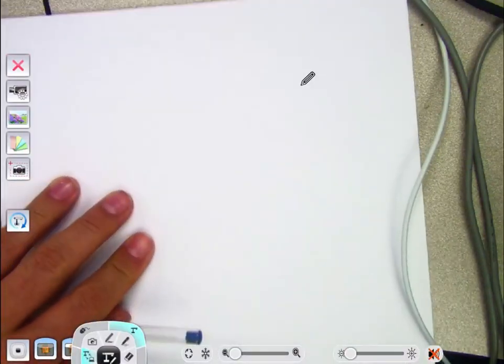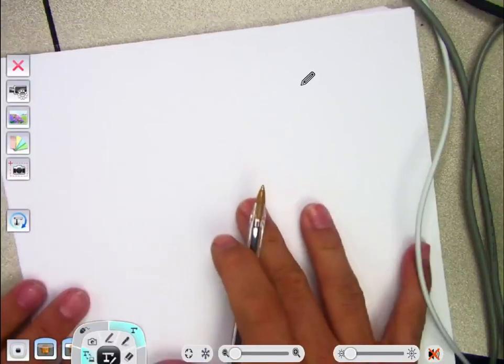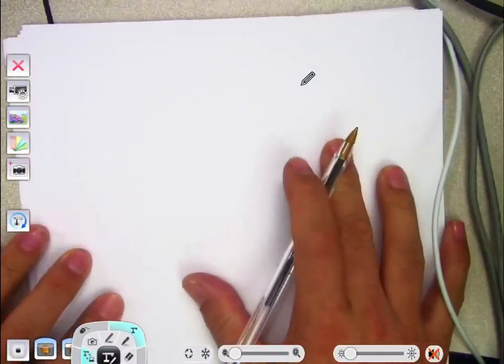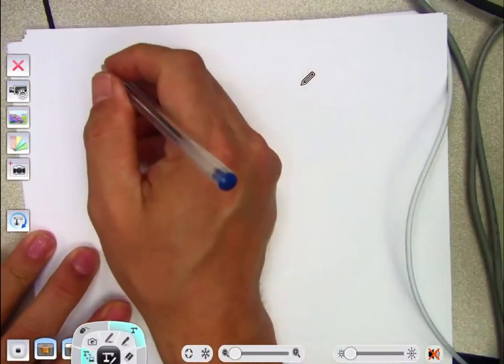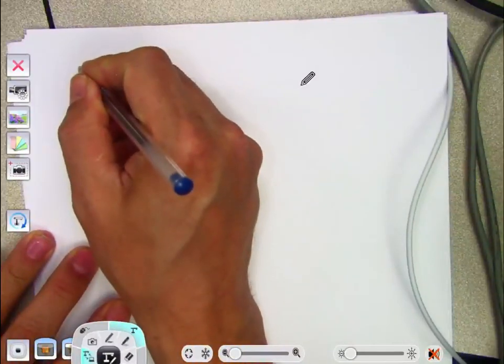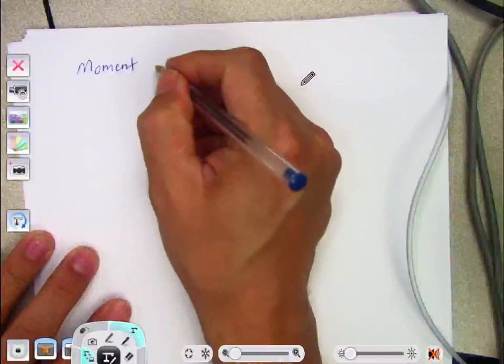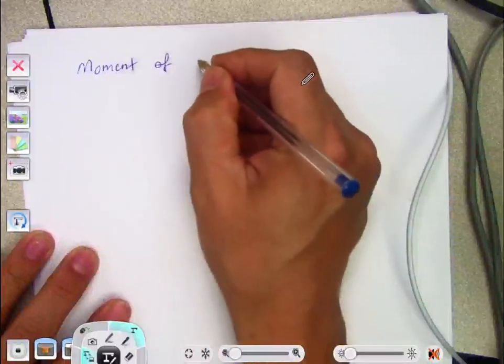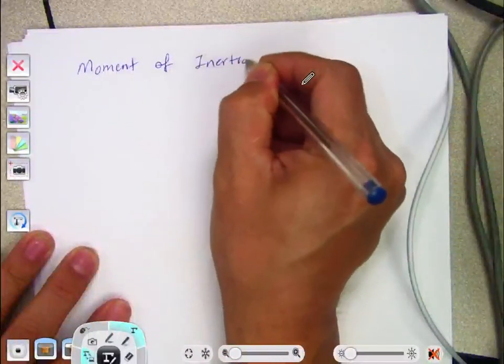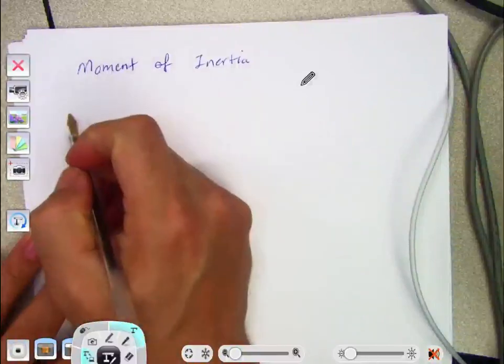Alright, so we define moment of inertia as follows. This chapter on moment of inertia is completely a geometrical discussion, a geometrical property.